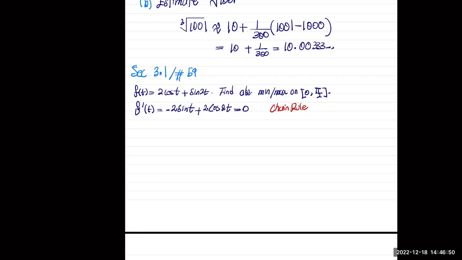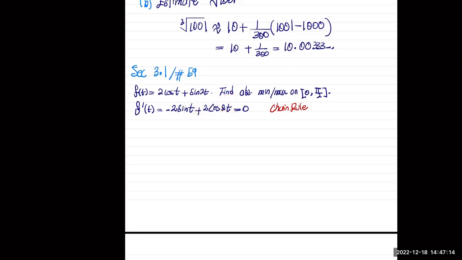All right, now we need to set this equal to 0 and see when the function has a horizontal tangency where we could have a possible max or min. Now, to solve this, you need to express the equation in terms of a single angle. This is sine of t, this is cosine of 2t. These are not consistent.